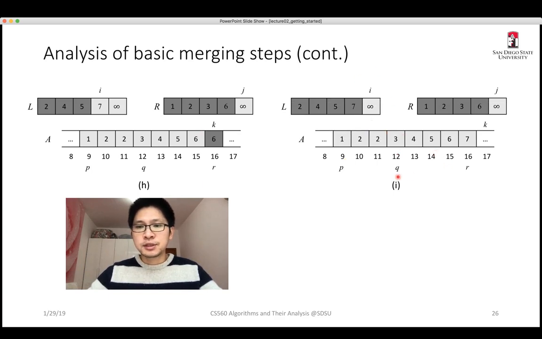So until this step, everything in L and R is already compared and copied back to A. That means at this point, all elements from A[P] to A[R] are in sorted order, and we have successfully merged the already sorted elements in L and R back to A, so that the whole sequence A is in sorted order.